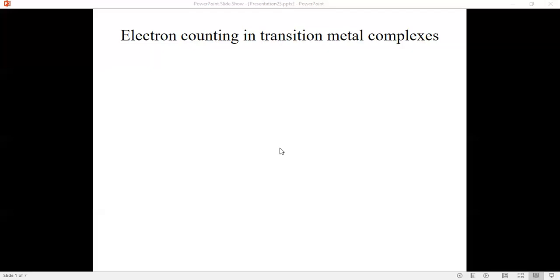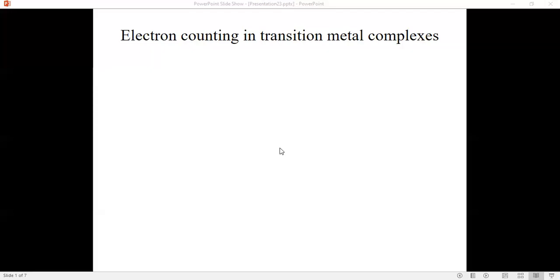Electron counting sounds trivial at first glance, but it's actually not as trivial as it sounds. There are even two different methods for electron counting available. That's the so-called neutral atom method, and the oxidation state method. Both of them are approximately equally common in the literature. For that reason, we need to know about both of them.